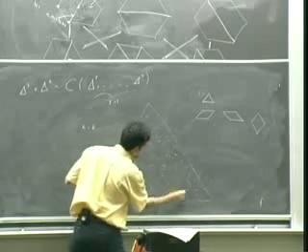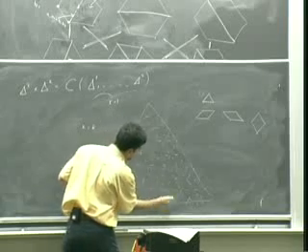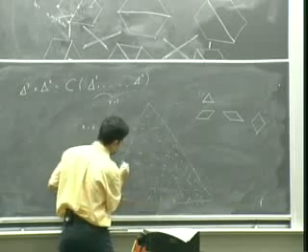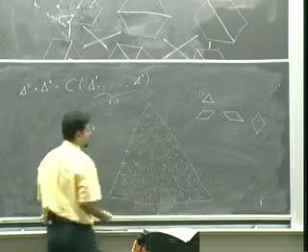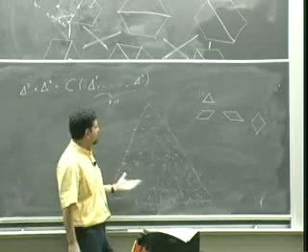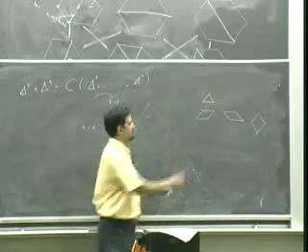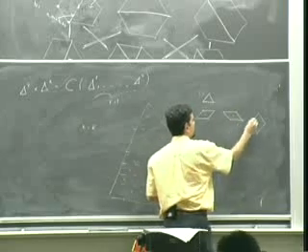Now, I hope everything matches perfectly. Well, it should. You know what I mean, right? There are going to be some upward triangles and some downward triangles. And what does it mean to triangulate this like that? Well, each of these things consists of an upward and a downward triangle.